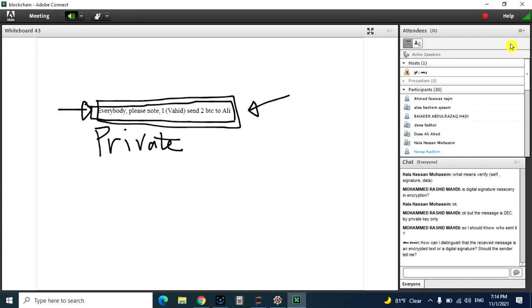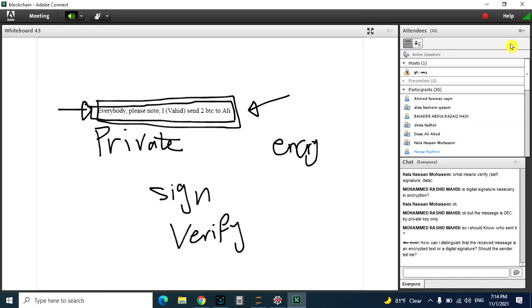In cryptocurrencies, in Bitcoin, please note, we just have digital signatures. We just have sign and verify. We don't have encryption and decryption.